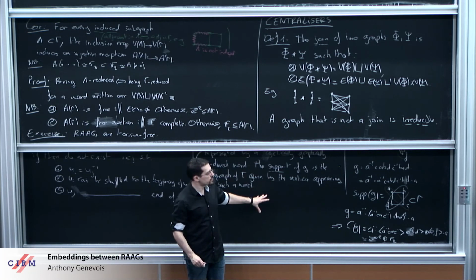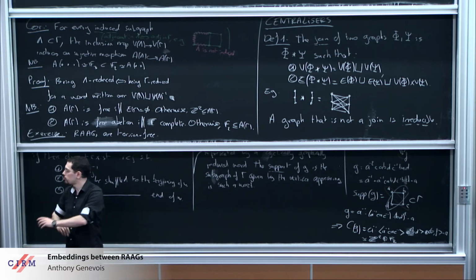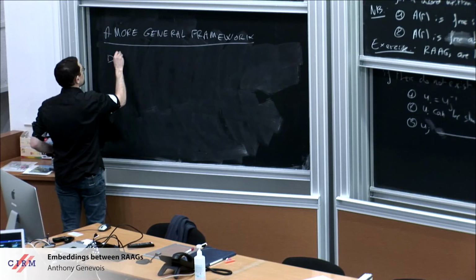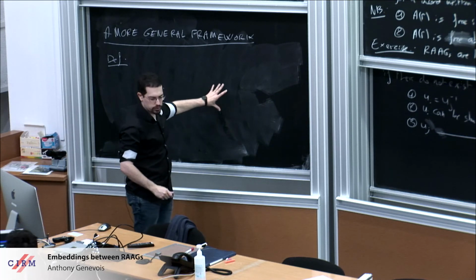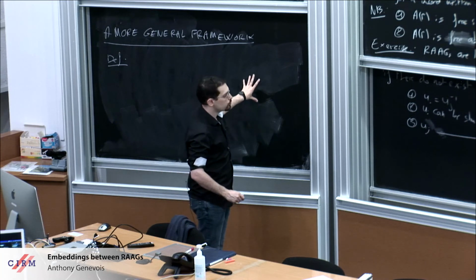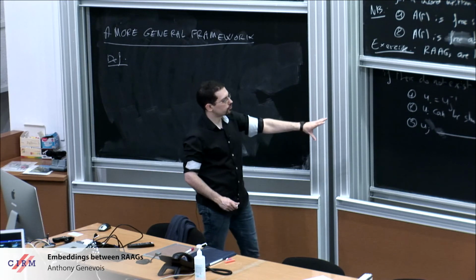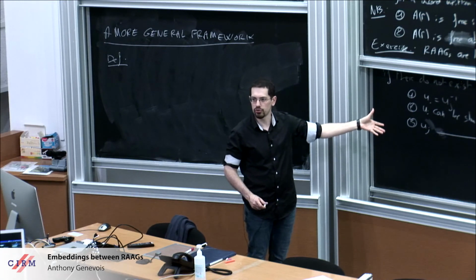However, most of the arguments can be applied more or less directly to a more general family of groups, which is called the graph products of groups. So I just would like to define these groups. I just mention them at the end of this lecture because, well, they are nice groups. But in the rest of the mini course, I will focus only on right-angle Artin groups, just to simplify the exposition.